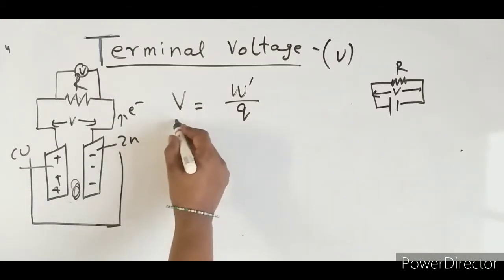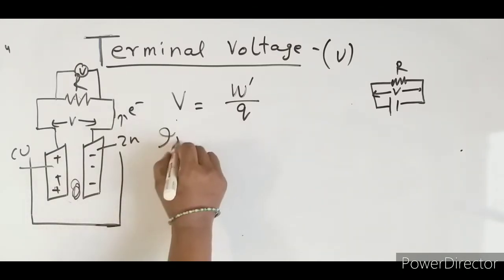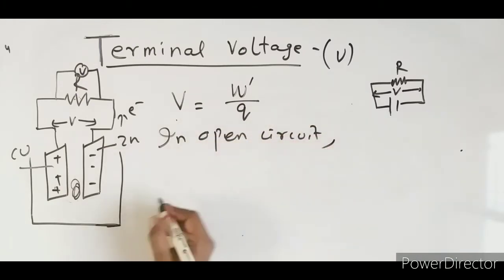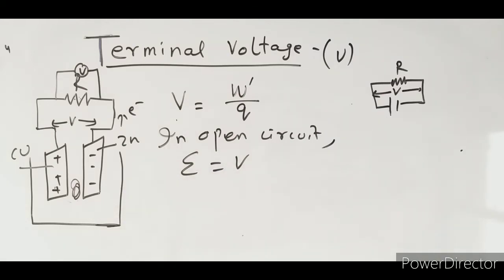One thing to remember: when no current is drawn, in an open circuit, the EMF is equal to the terminal voltage.